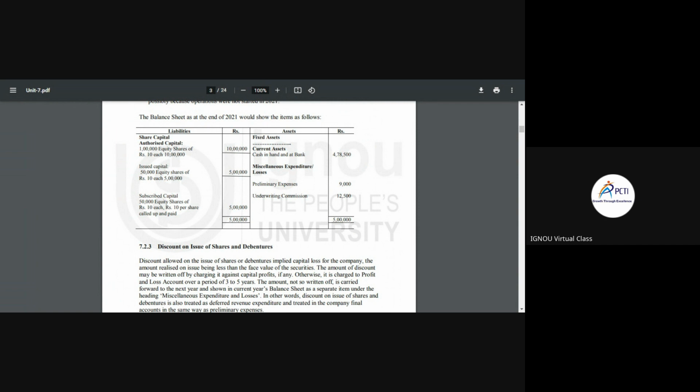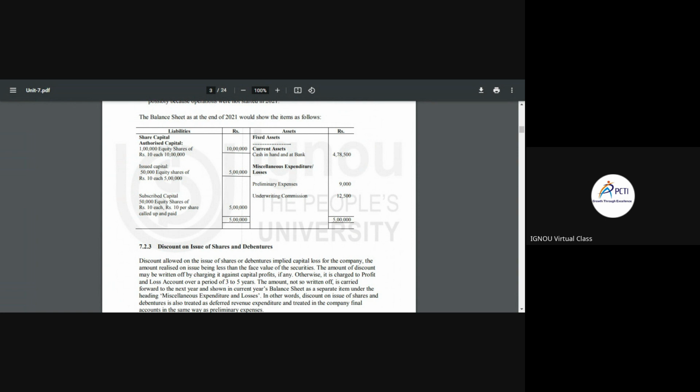On the asset side, we have current assets, cash in hand and bank, which will be 4,78,500. Then we have miscellaneous expenditure or losses, like preliminary expenses of 9,000, which are given in the question. Then we have underwriting commission, that will be 12,500. So the total of both sides will be rupees 5 lakh.